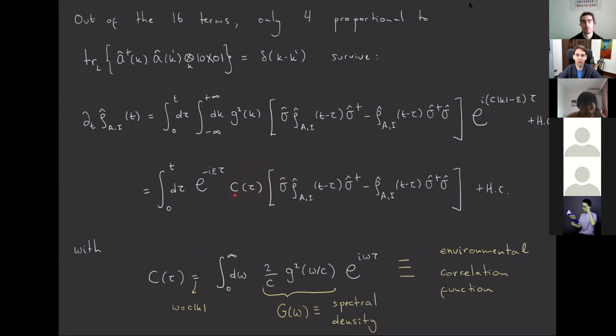And the decay of this function will determine how far away you can look into the past, or how far away the time derivative can look into the past of the state. So if that decay is very quick compared with the evolution time scale of the state, then of course during that time the state will not have evolved, okay? So then you can make the approximation that tau is equal to 0 essentially, okay?